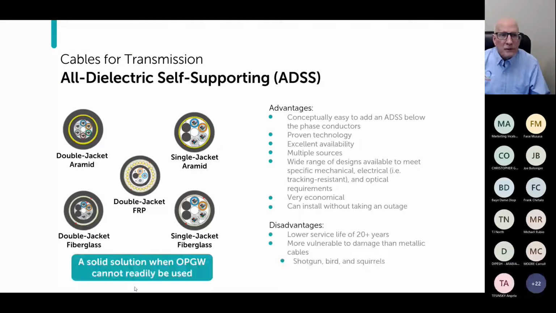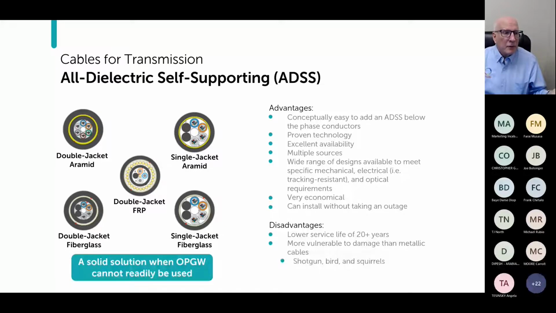There are various reasons why OPGW can't be used in some applications. One is the practical one that I talked about earlier. If you can't get an outage to get it installed, you effectively can't really use it, right? But there are parts of the United States where, because there were not a lot of lightning problems, there are high voltage transmission lines that were built without shield wires.